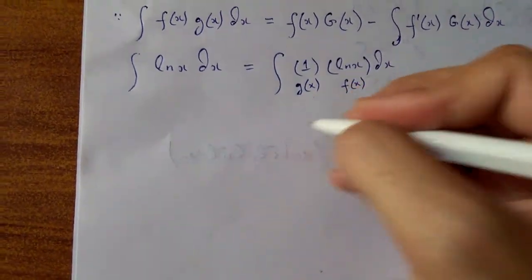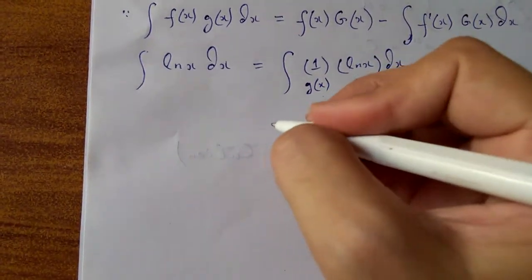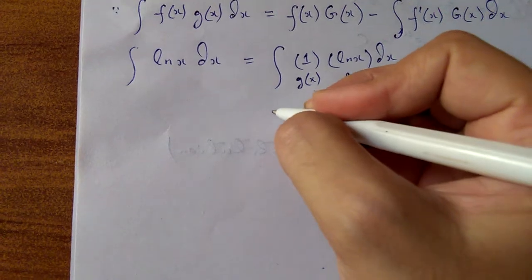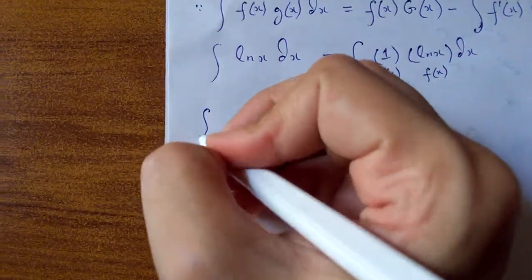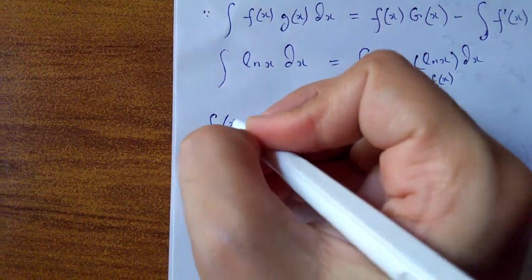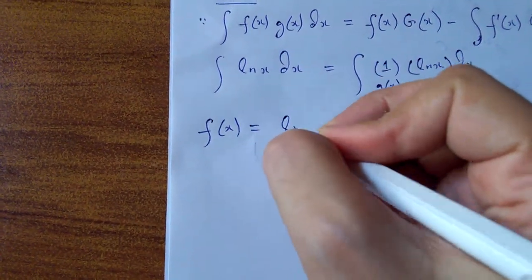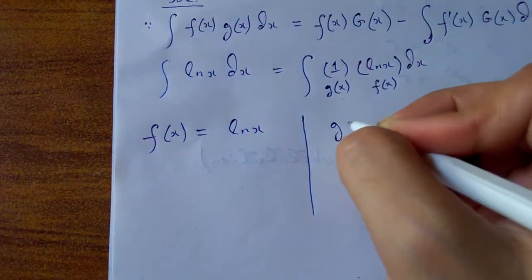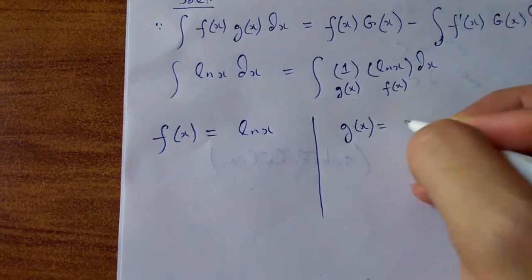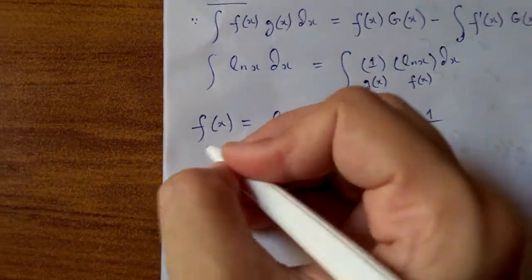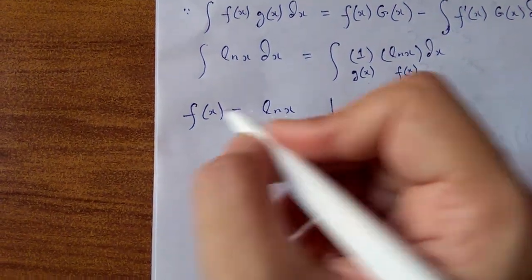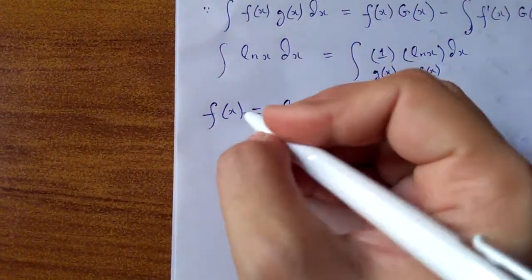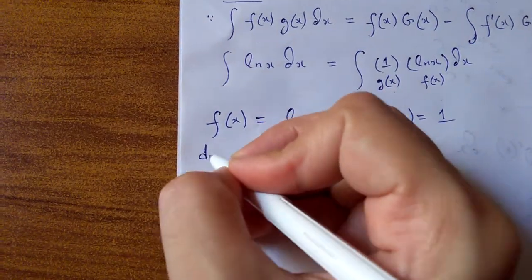Now let us make a column over here for my convenience. I just perform it by making a column. It's your choice how you do it in your own way, but this is my way of doing work. So I just take my f of x as ln x, and g of x I just take as 1. Okay, now I'm going to differentiate both sides of this equation with respect to my variable x.